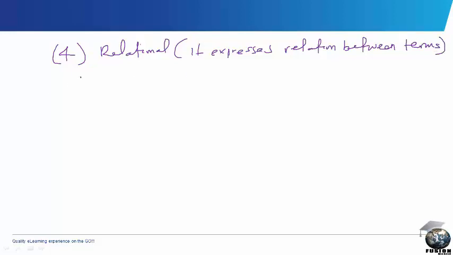An example of the relational statement is where we can say that a hexagon has more sides than rectangles.